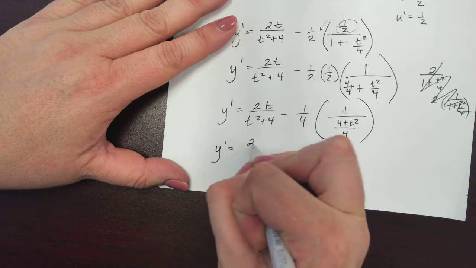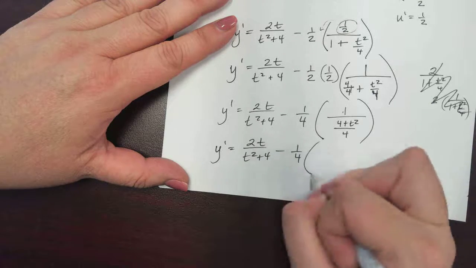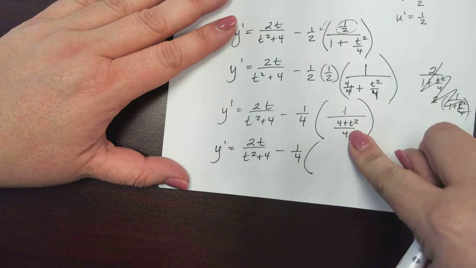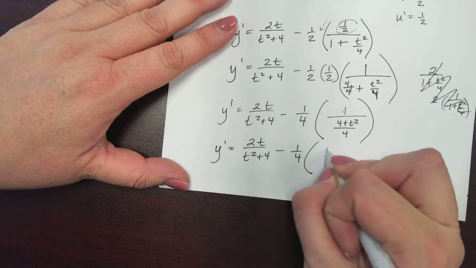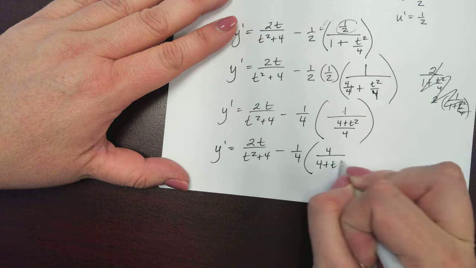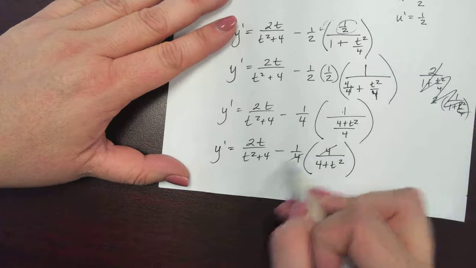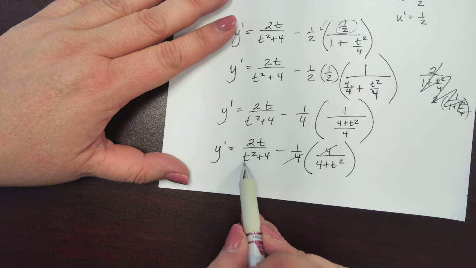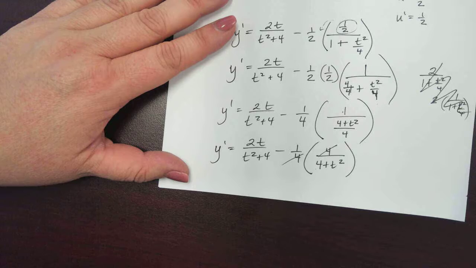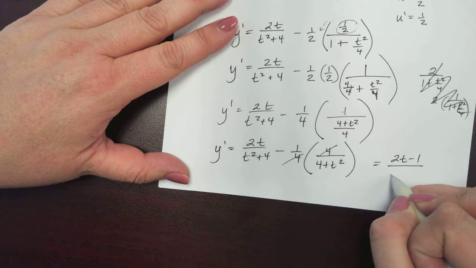So y prime equals 2t all over t squared plus 4 minus 1/4 times, if I have 1 over this fraction, I'm flipping the fraction. So now I have 4 all over 4 plus t squared, which these 4's cancel. And t squared plus 4, 4 plus t squared, they're the same thing. So it's 2t minus 1 over.